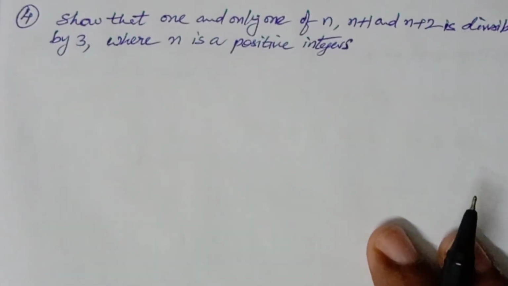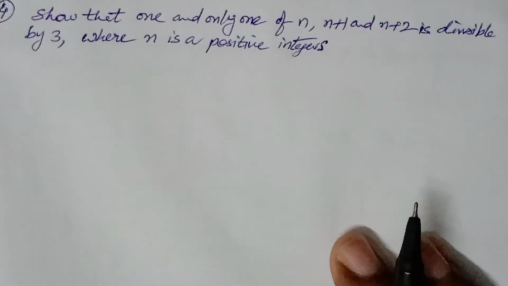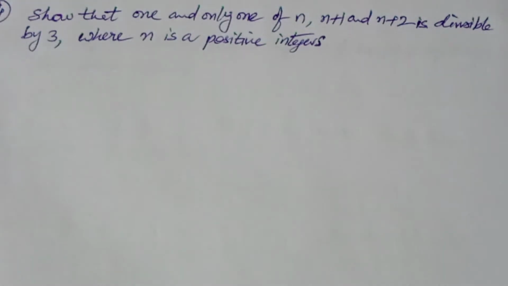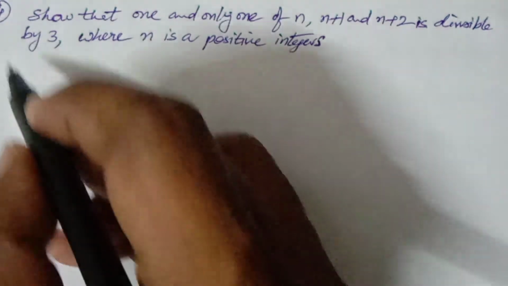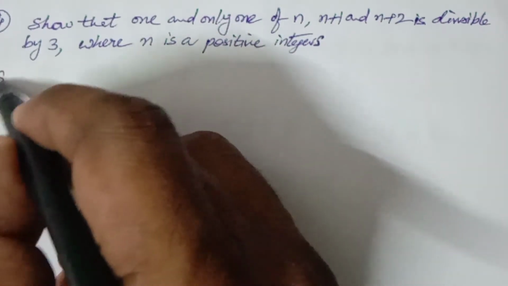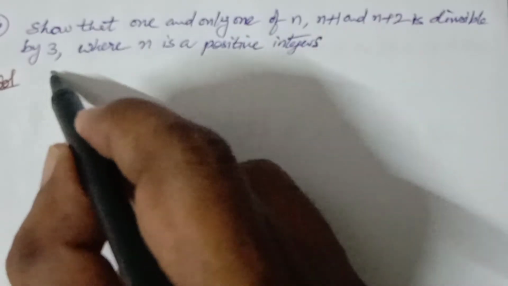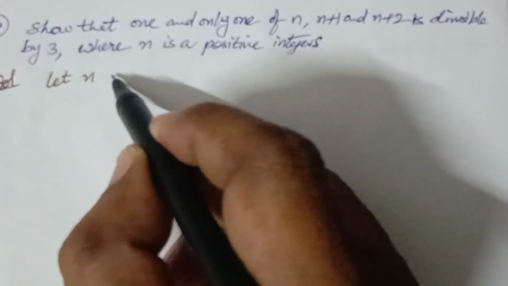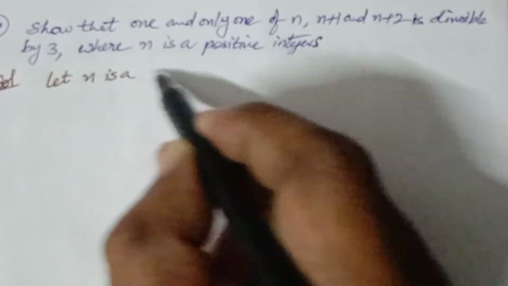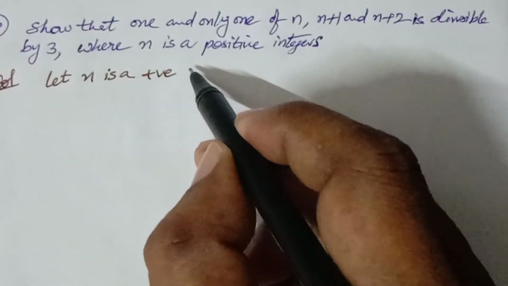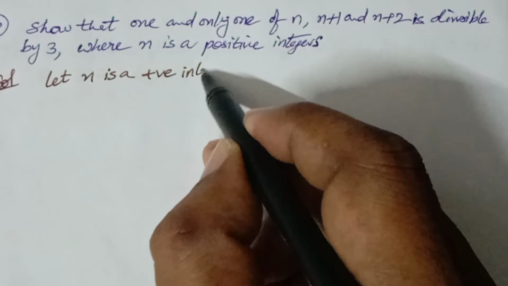Now if you go to the fourth question: show that one and only one of n, n plus 1 and n plus 2 is divisible by 3, where n is a positive integer. So here the solution. Let n be a positive integer.